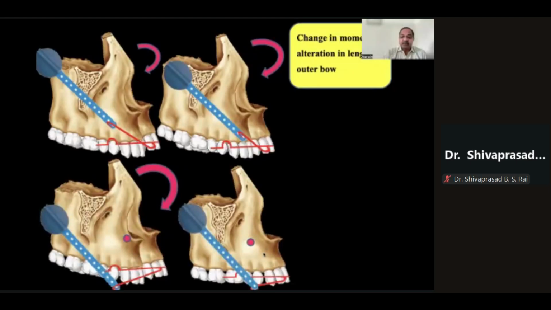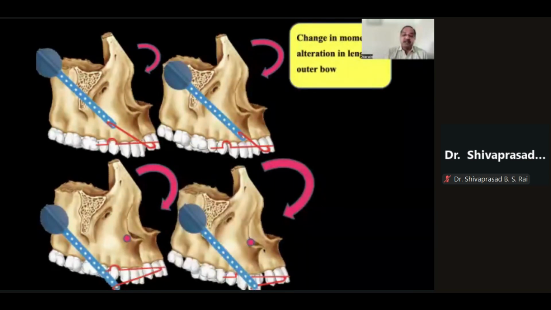Now I put a short outer bow below the occlusal plane, and here what happens, you're going to have a still larger movement. So in the first two cases, you have a long outer bow and a short outer bow, both are above the occlusal plane. So as the distance increases from the center of resistance, the moment keeps getting larger.